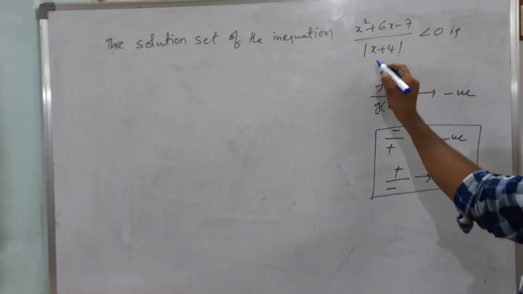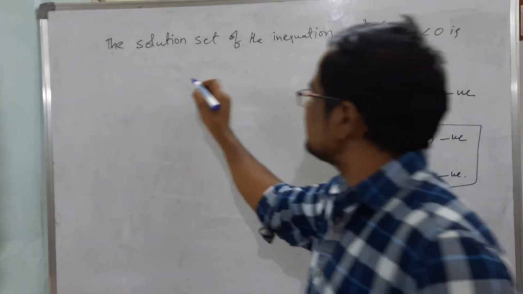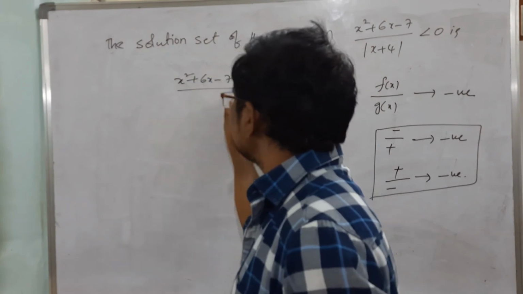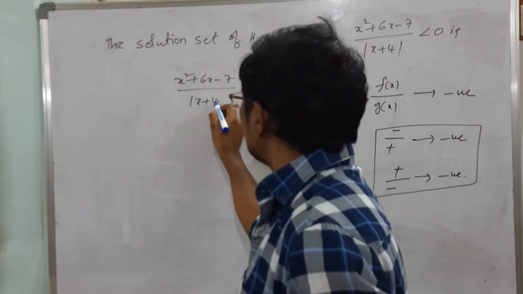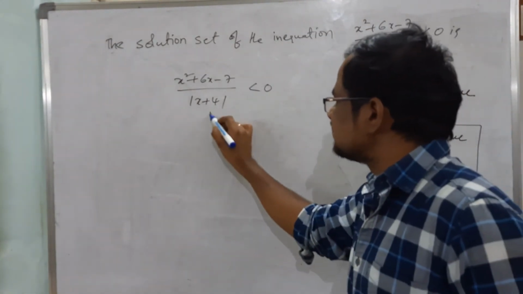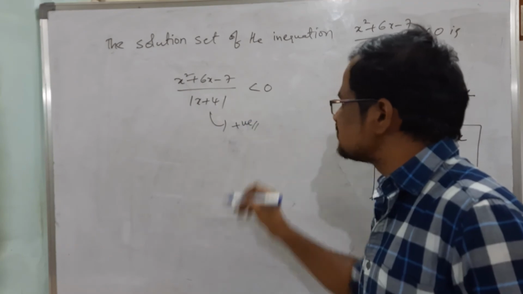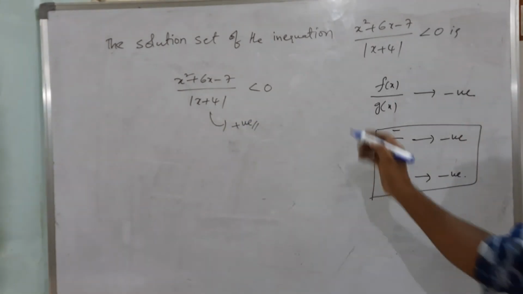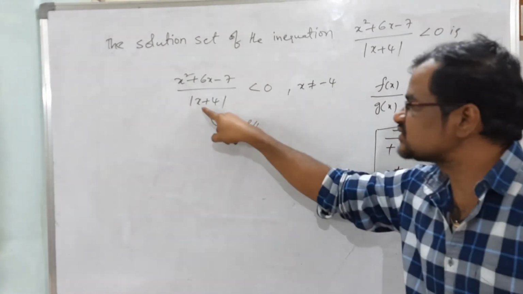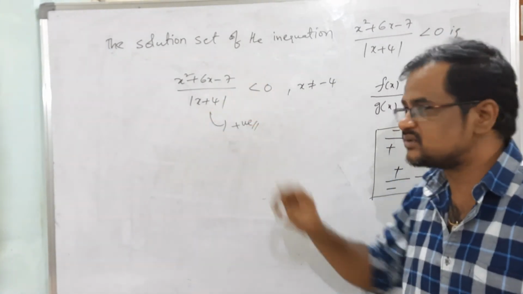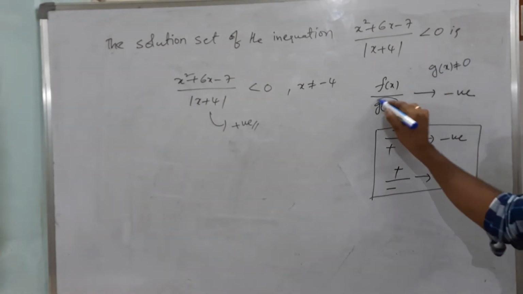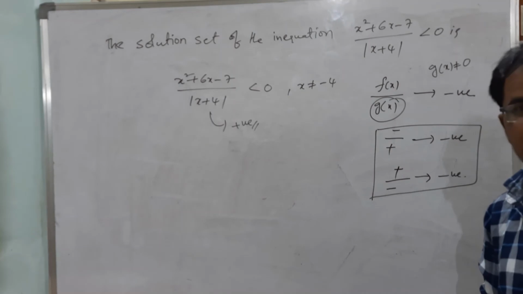But here, modulus of, what they gave, x square plus 6x minus 7 divided by modulus of x plus 4, less than 0. But the denominator is always positive only, right? And here x not equal to minus 4. If you take minus 4, plus 4, the denominator is 0. So for a rational function, always g of x not equal to 0; the denominator not equal to 0 we have to take.